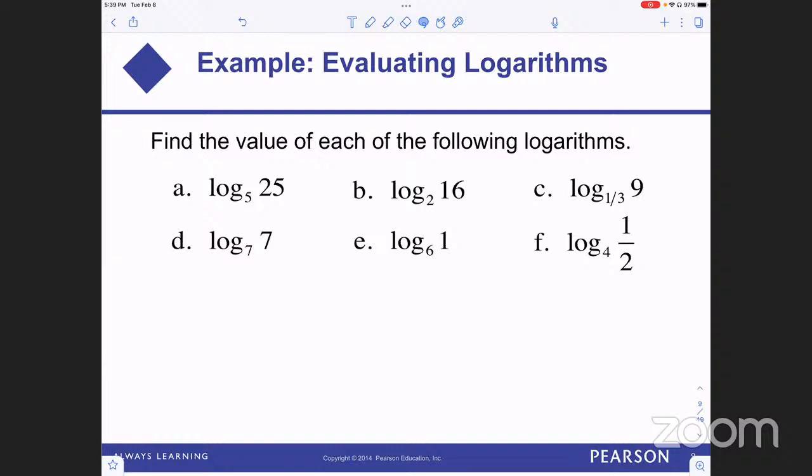We want to evaluate logs, find the value of each log. For each one, what I'm going to do is set each one equal to y. If we set them equal to y, then we can repeat what we just did to solve.